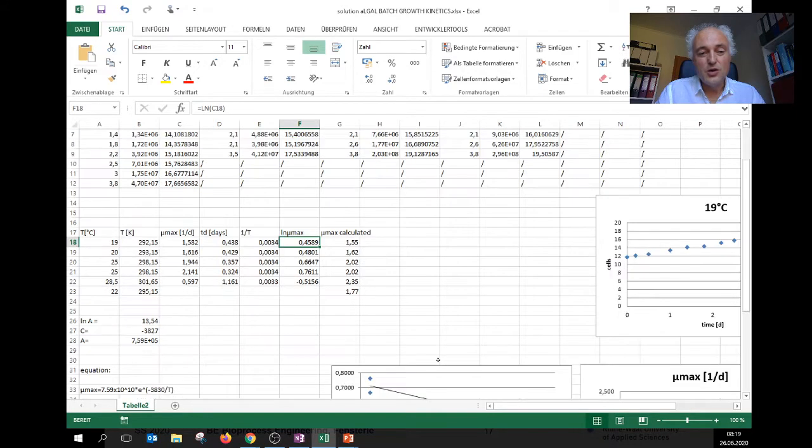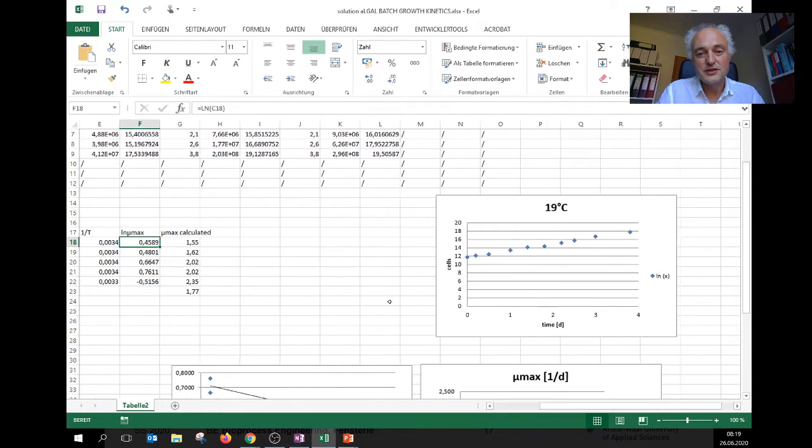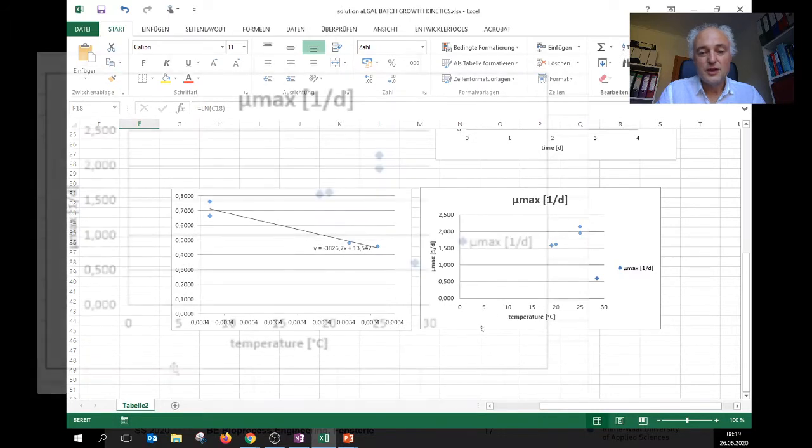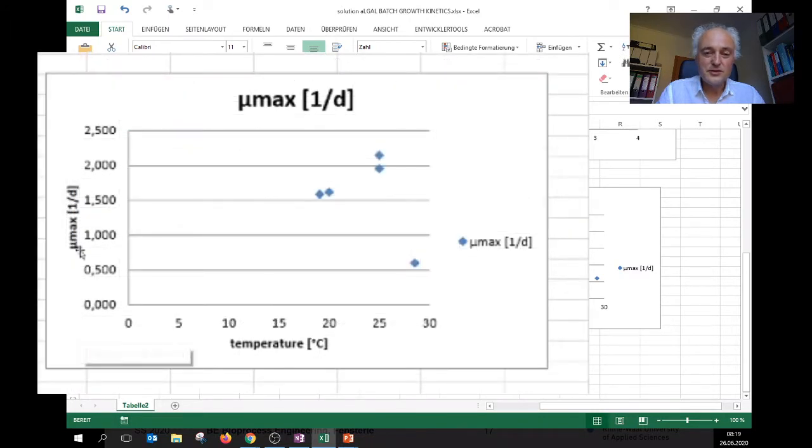Now an important step: I plotted the temperature versus the maximum specific growth rate. Usually, of course, you know that with our curves you have an optimum and then it goes down.